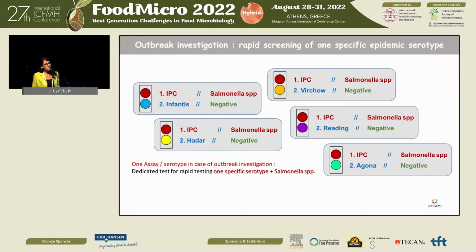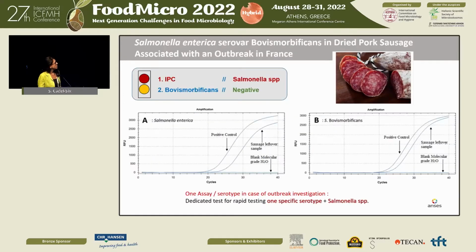In another way, we can also imagine designing a test specific just for one serotype. For example, in case of outbreak investigation, check a large panel of strains and look at the positive results. And we validated this approach with Salmonella Bovismorbificans outbreaks that occurred in France with dried pork sausages.